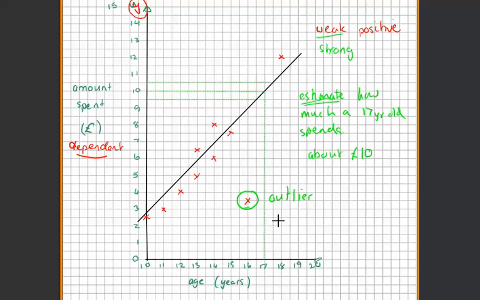Well, because the 18-year-old gets 12, or spends £12. Using our relationship, the 17-year-old should get less. If your line of best fit suggests that they get more, there's probably something wrong with your line of best fit.